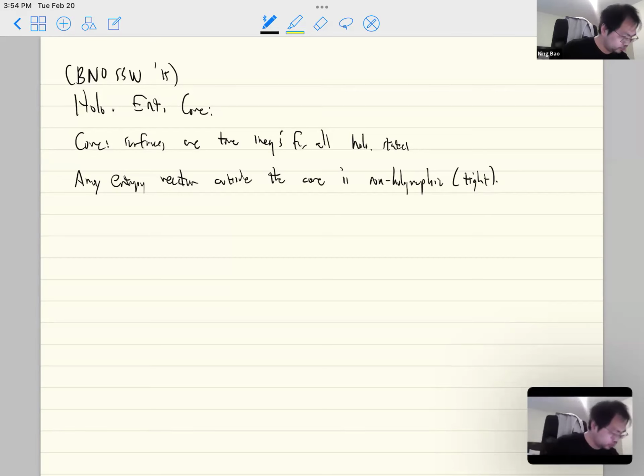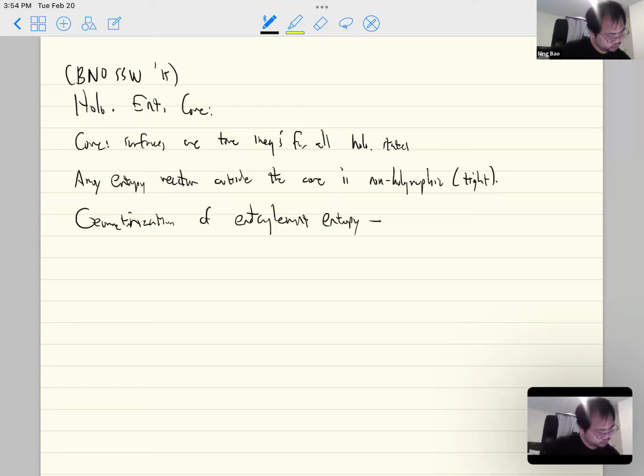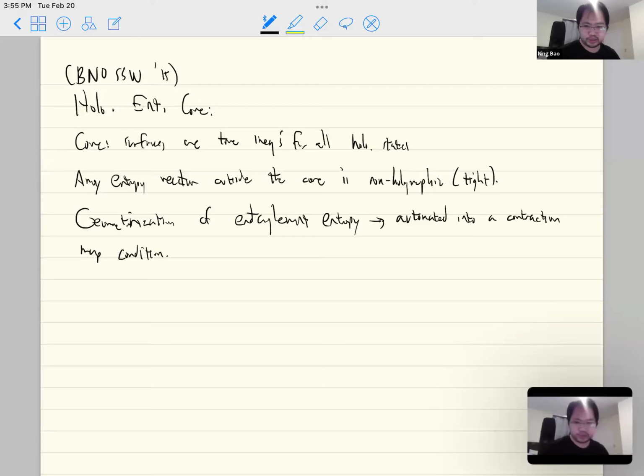And what we end up finding is that this geometrization of entanglement entropy can be automated into a contraction map condition. So the best way to explain the contraction map is via example.